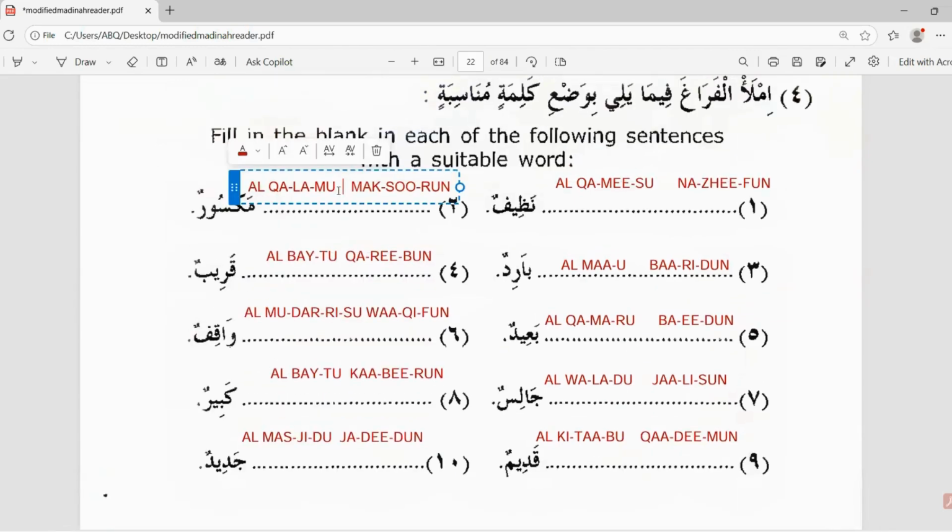Then you have maksurun, which means broken, and we're going to use with that al-kalamu. These are just words that you can use with any word. So you could say al-kursiyu, the chair is broken, al-maktabu, the table is broken.